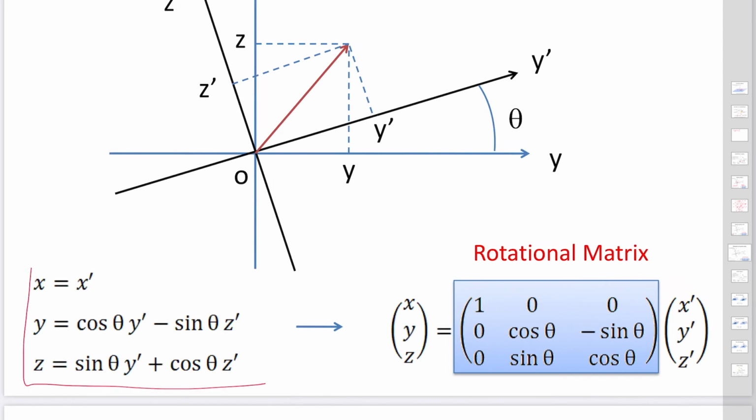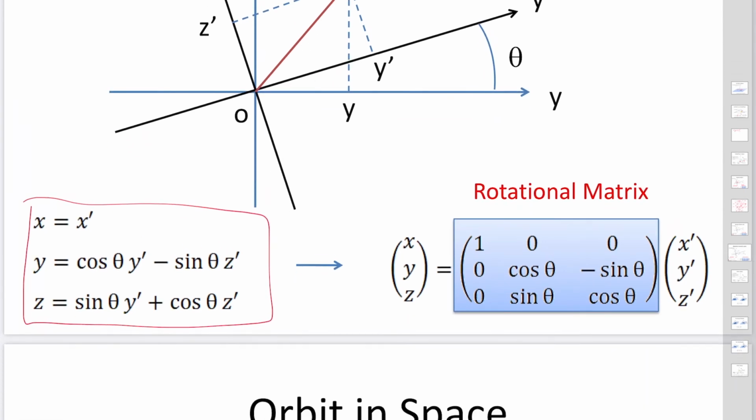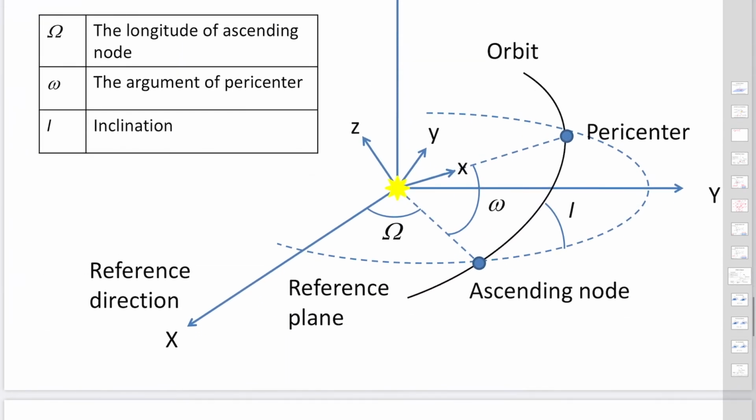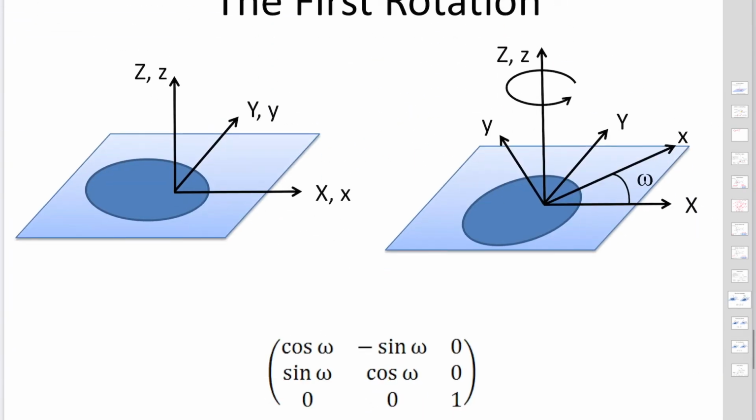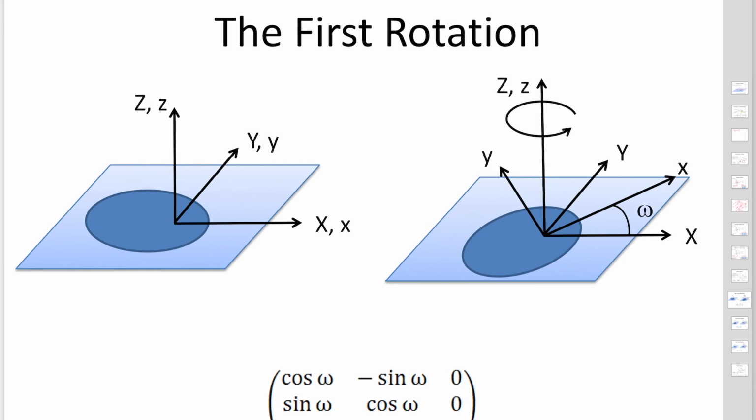If you really understand the previous part, you won't have much problem understanding this. Using the rotation around the z-axis and the rotation around the x-axis, we'd like to express the orbit in space.